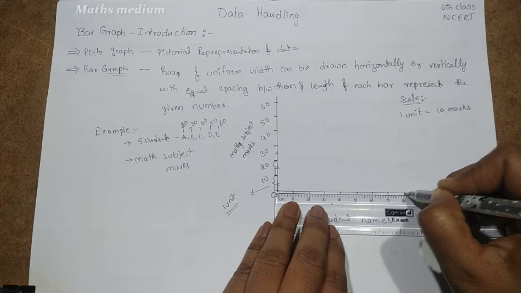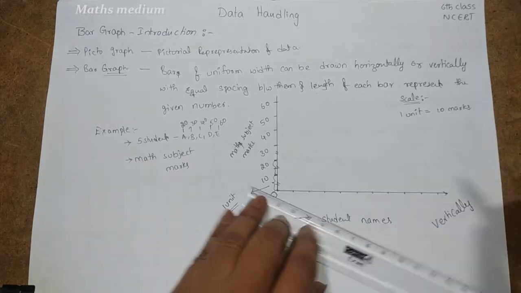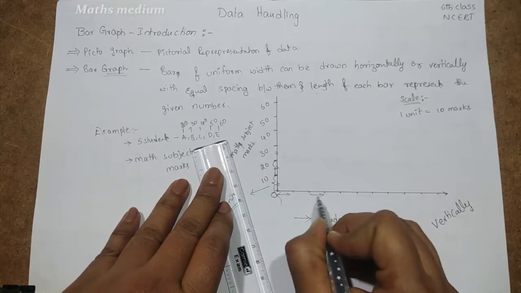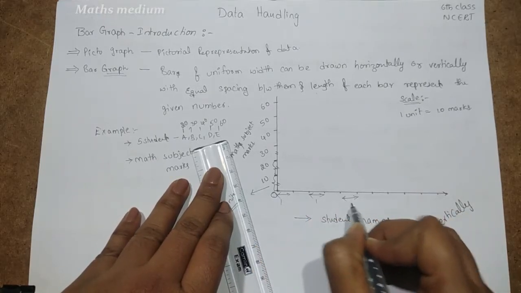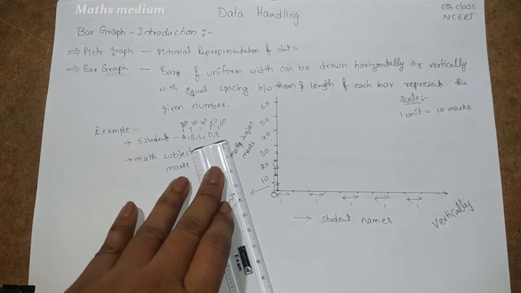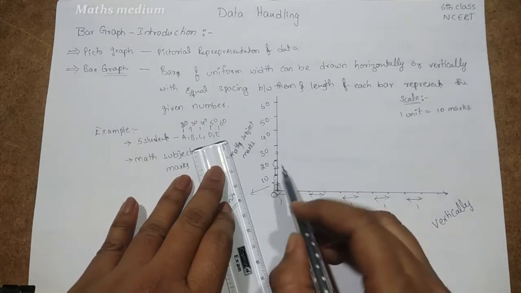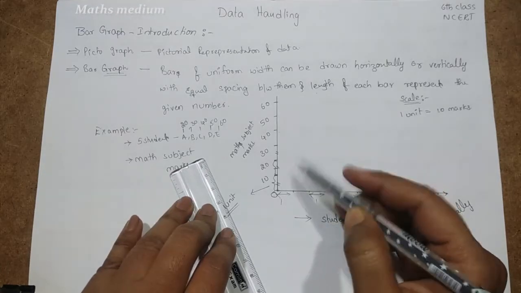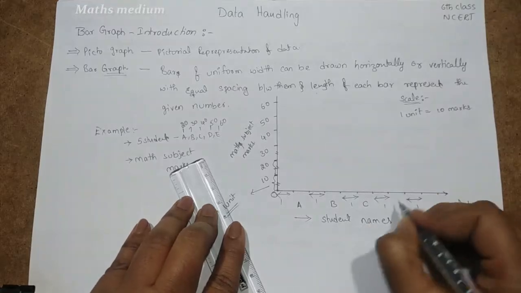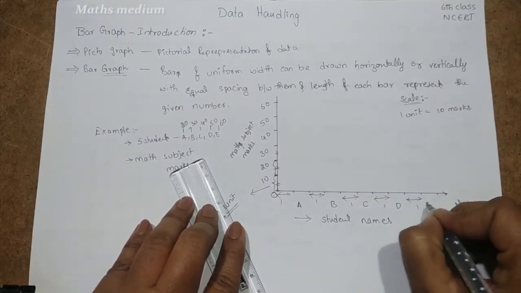I am representing each 1 centimeter at a point. This is 1 centimeter, this is 1, this is 1, and this is also 1. Finally this is also 1. But in between this we are going to make the bars. So first A, next B, next C, next D, and finally E.